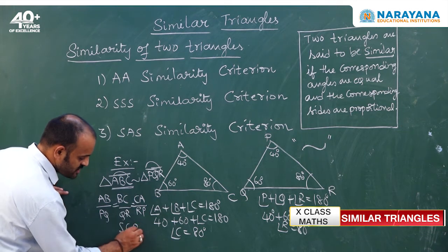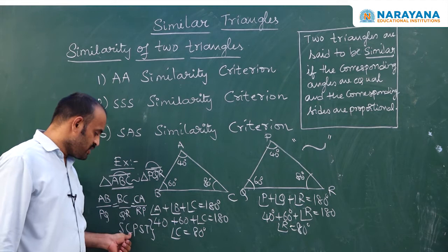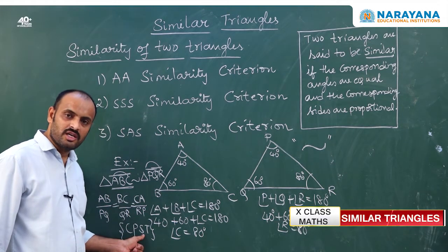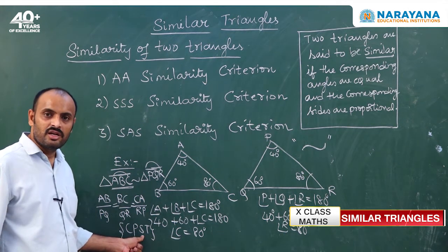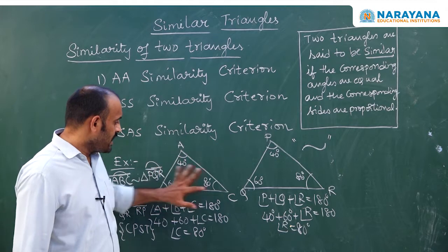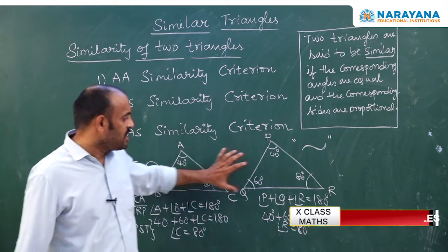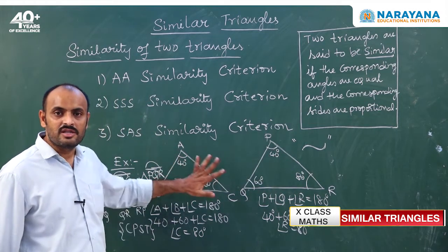Reason CPST. What do you mean by CPST? Corresponding parts of similar triangles, because we have proved that as the three angles of first triangle are equal to three angles of the second triangle, the triangles are said to be similar.